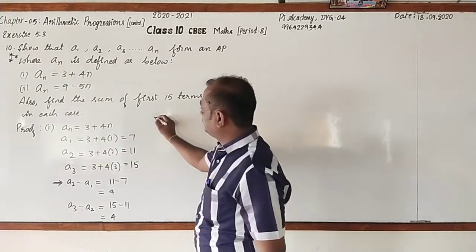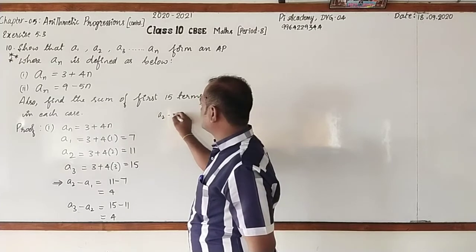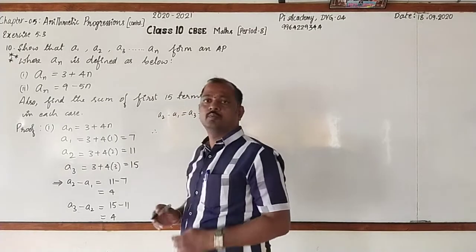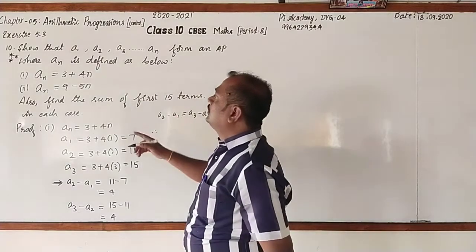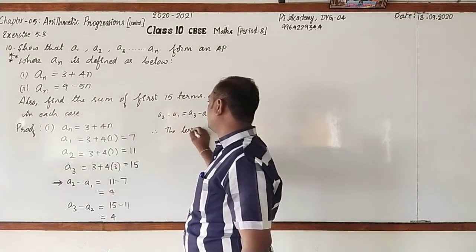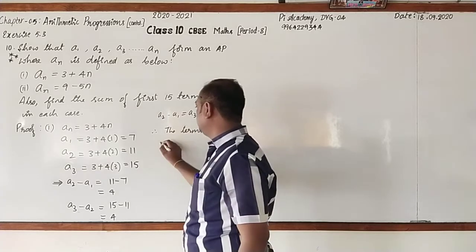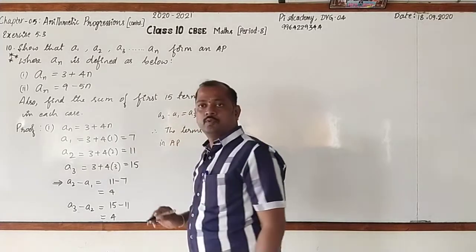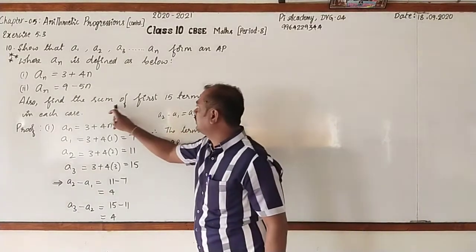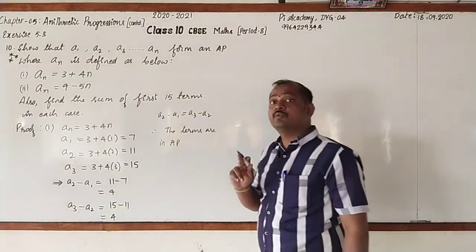Here I'll write A2 minus A1 is equal to A3 minus A2. Therefore, what can you say? So the terms are in AP. Followed?